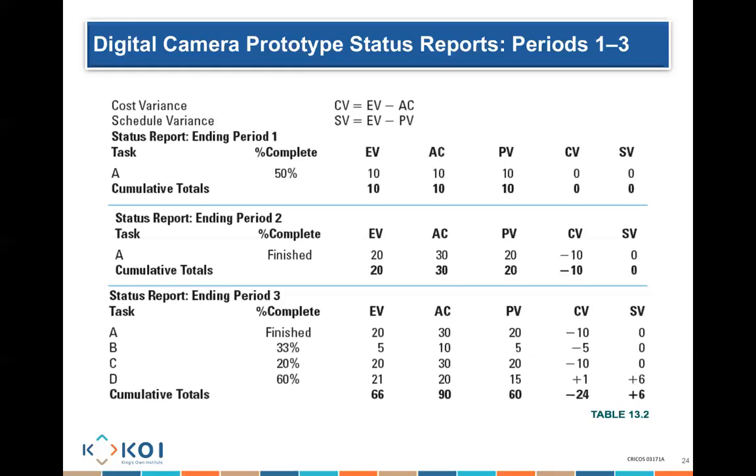So my cost variance is 21 minus 20, which is plus 1. My schedule variance is 21 minus 15, that's plus 6. So cumulatively, I have earned 66. I add all of these. I have paid 90. My planned value, I was planned to have a value of 60. My cost variance is minus 24 and my schedule variance is plus 6.